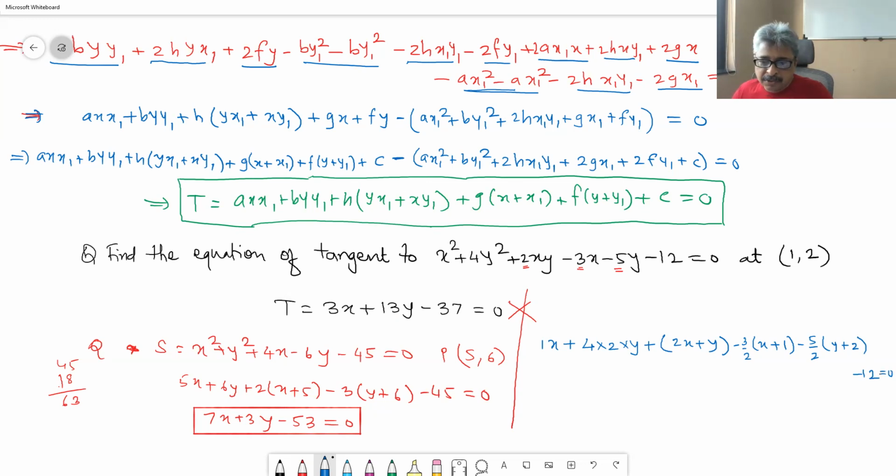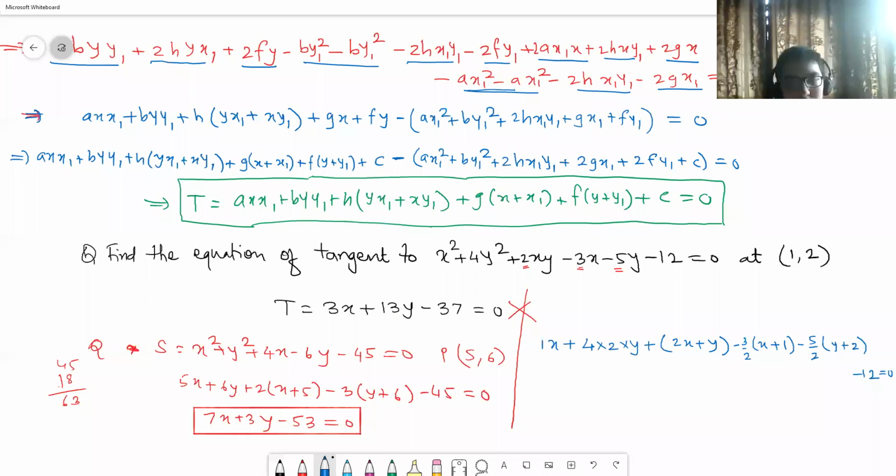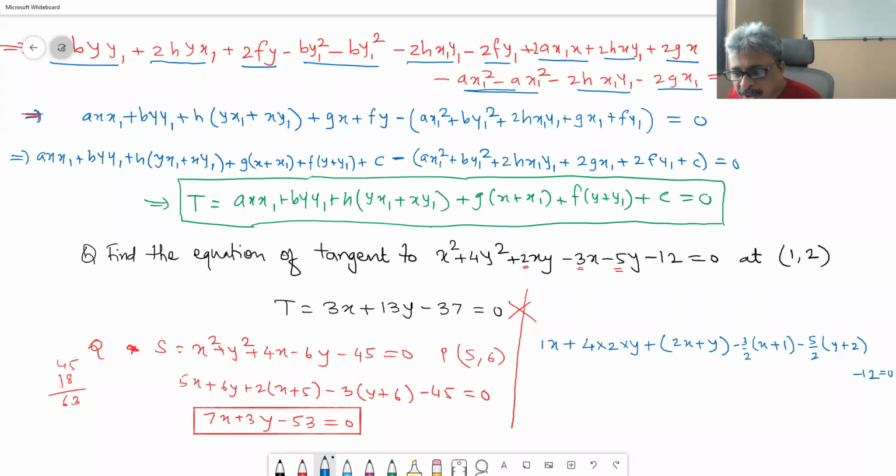Should be the equation. Now let us see how many x I have. I have 2 and 1, 3 minus 3 by 2. So 3 by 2 x, I have 8y plus y, 9y minus 5 by 2 y.